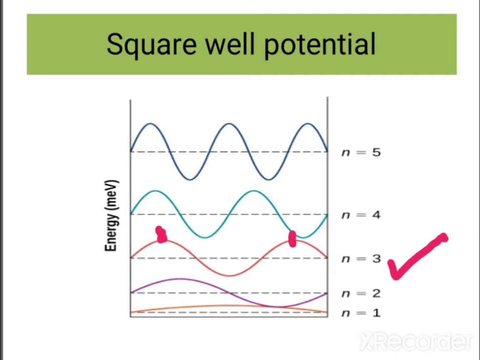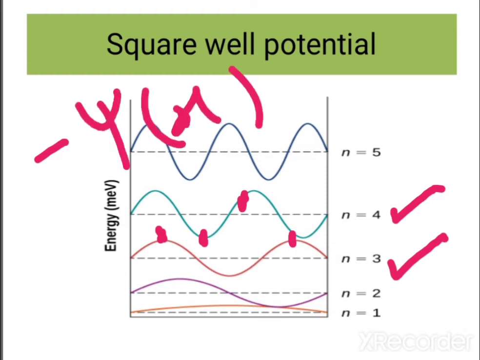Alternatively, for the next excited state, the third excited wave function, if you consider one point here, psi of minus x, and another point here, psi of x, it will give psi of minus x equals minus psi of x. So this will show the anti-symmetric behavior.